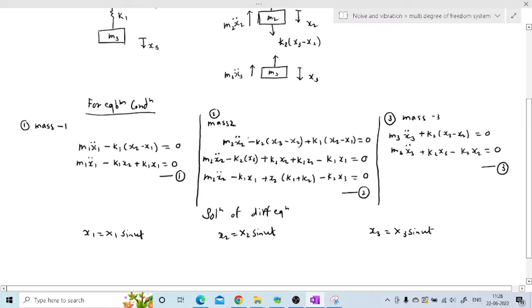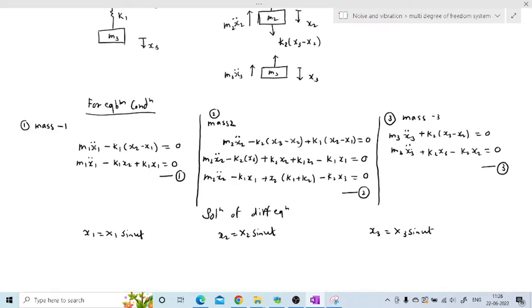But in the above equations, if you see, there is another term, that is x1 double dot, x2 double dot and x3 double dot. Now what are these? These three are the accelerations of the given system.